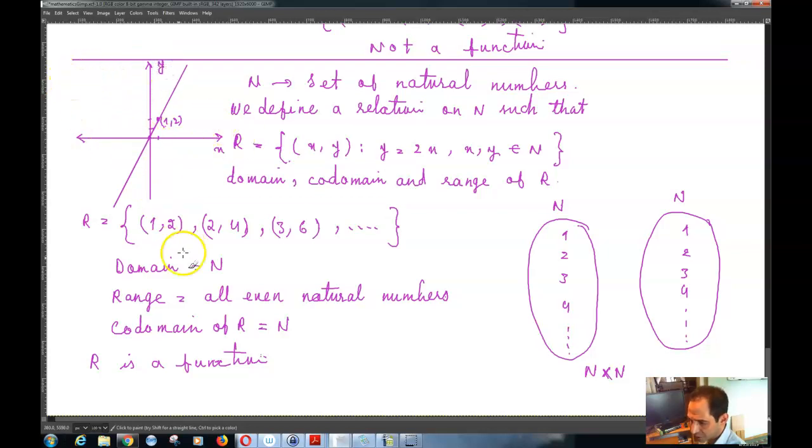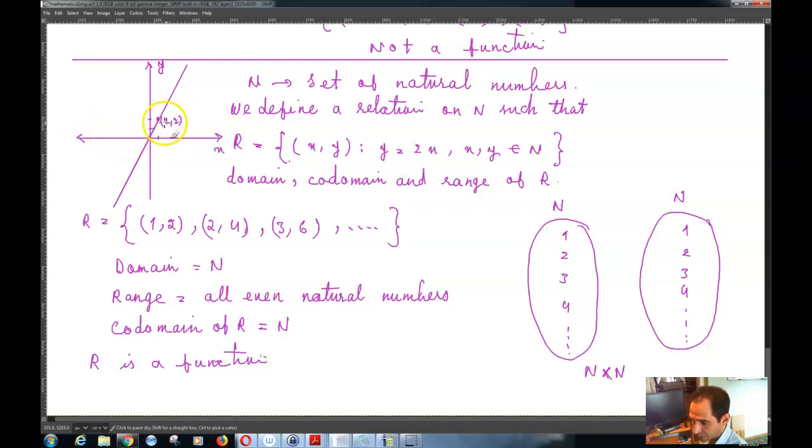Your domain is, of course, considering that the domain is the set of natural numbers, and the codomain, which is this axis over here, is again the set of natural numbers, meaning that you don't take these as a set of real numbers.